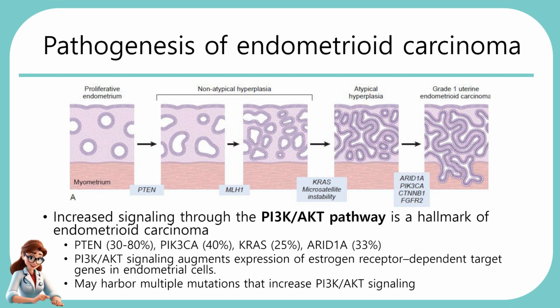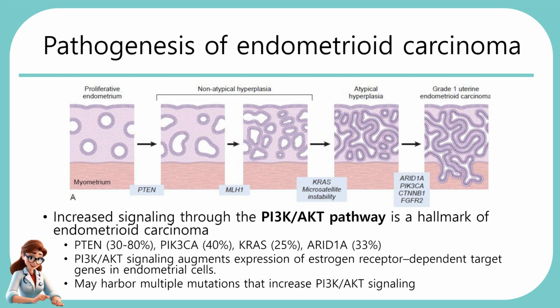Mutations that activate KRAS, which also stimulates PI3K-AKT signaling, are found in approximately 25% of cases. Loss of function mutations in ARID1A, a regulator of chromatin structure, occur in approximately 1/3 of tumors. Of interest, ARID1A is also frequently mutated in ovarian endometrioid and clear cell carcinomas, tumors that arise within endometriosis.